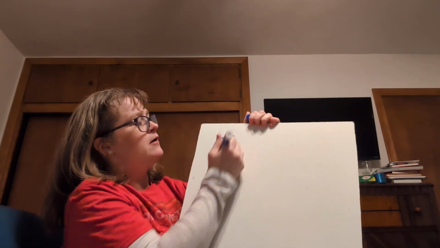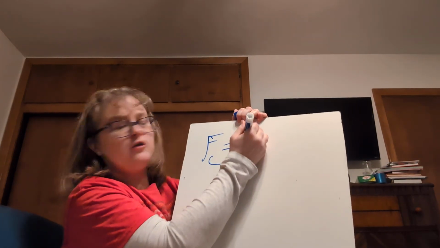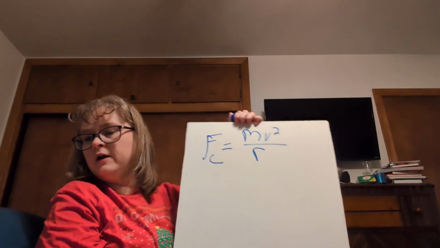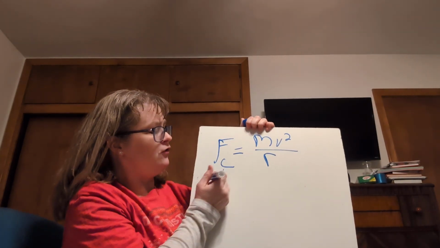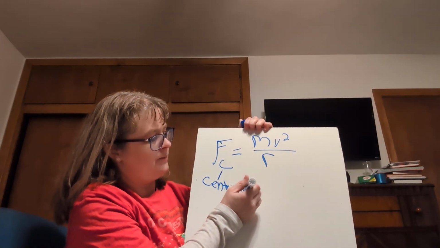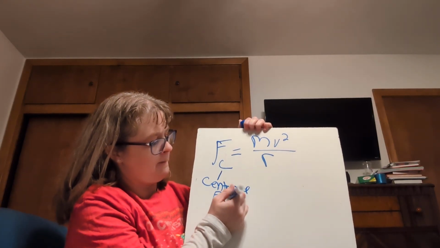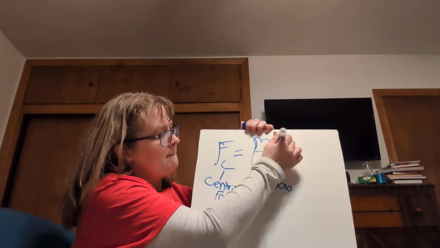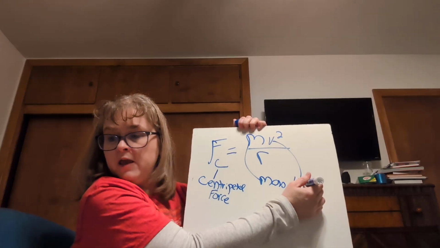Okay. Force C is your mass, your velocity squared over r. So this is your centripetal force. This is your mass. That is your velocity.